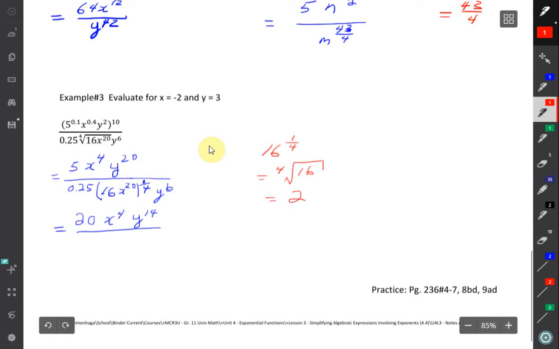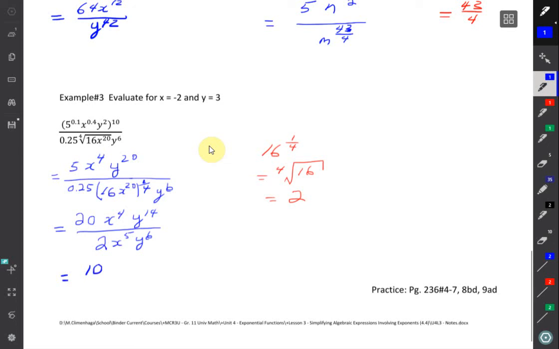So the 4th root of 16 is 2. So I have 2x to the 20 times 1/4 is 5, and then we have y to the 6th. Finally, 20 divided by 2 is 10.